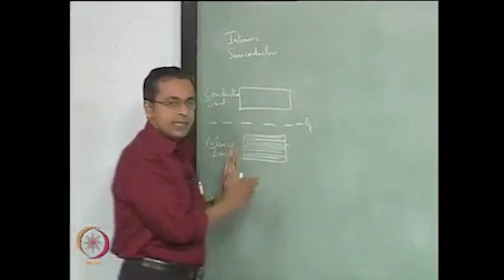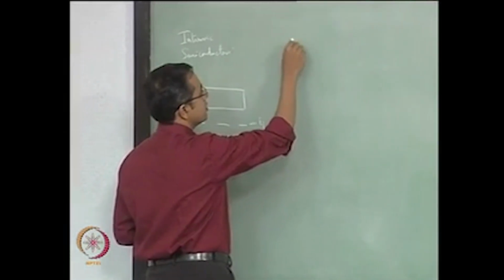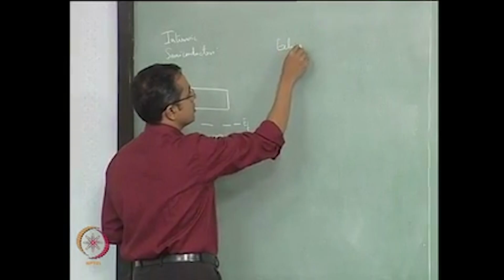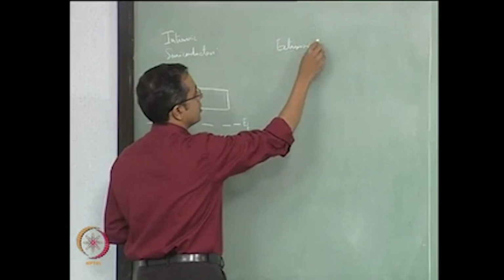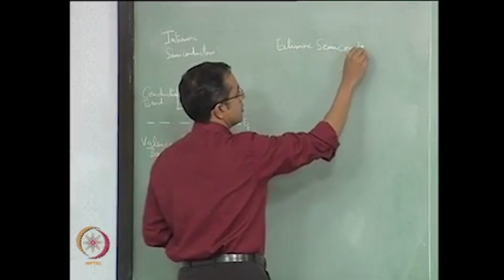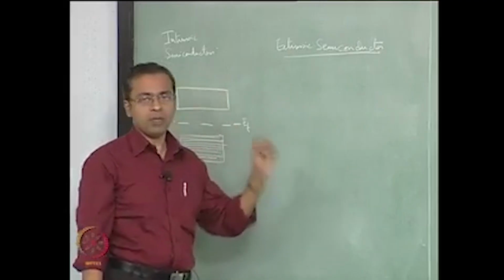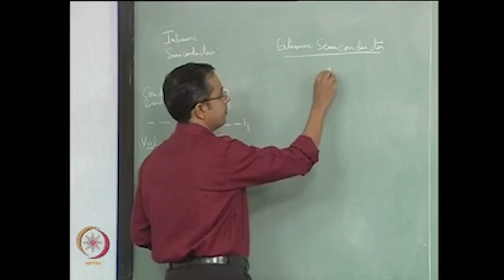So this is how you write it for an intrinsic semiconductor. Now the situation is slightly different for an extrinsic semiconductor. We could have an N type or a P type. So let us start with an N type.